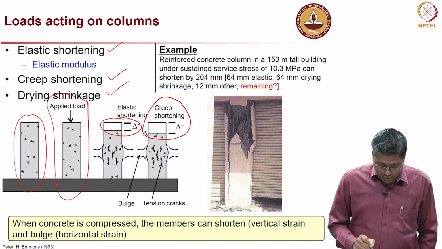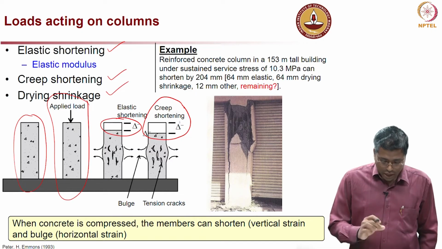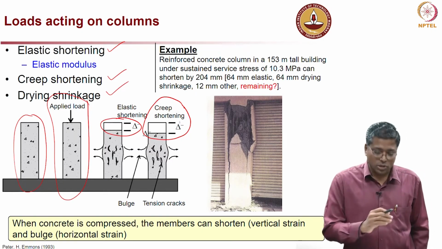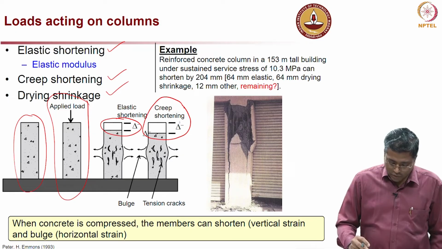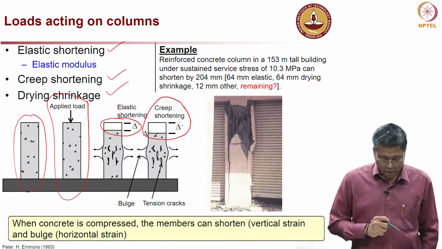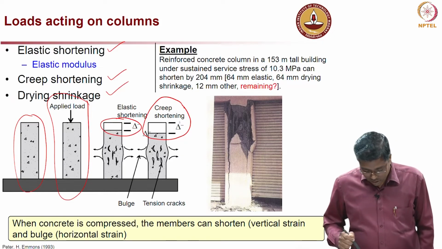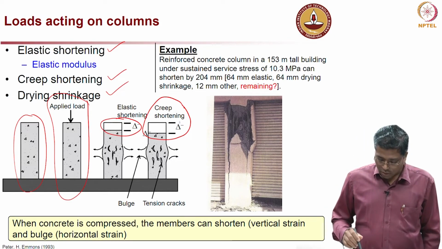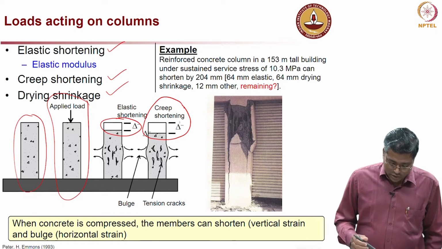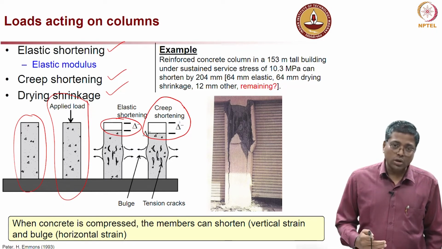So, you can see the change in height because of elastic shortening, and then a further reduction because of the creep or drying shrinkage shortening. Okay. Now, what will be the end effect of this shortening?